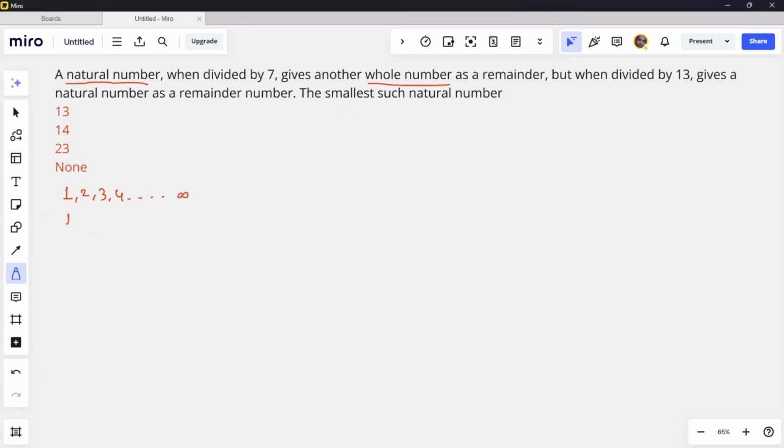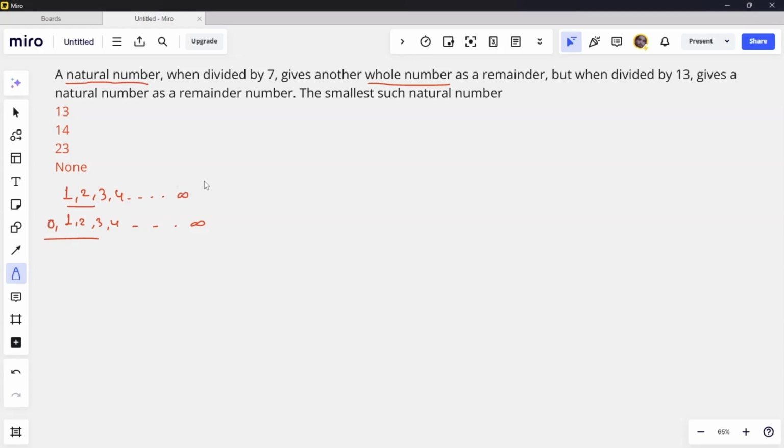Let's suppose this is my natural number series 1, 2, 3, and it goes up to infinity. If I include 0 in this, it basically means natural numbers start from 1, whole numbers start from 0. So we can say that all natural numbers are whole numbers, but all whole numbers are not natural numbers.